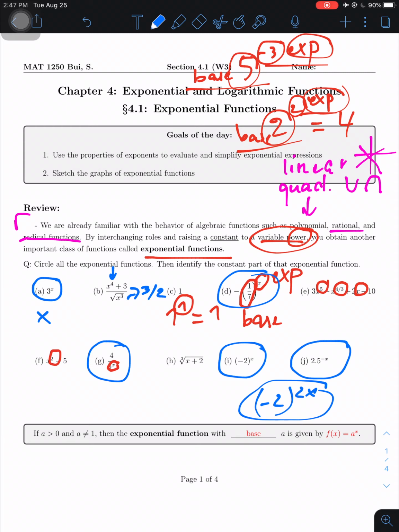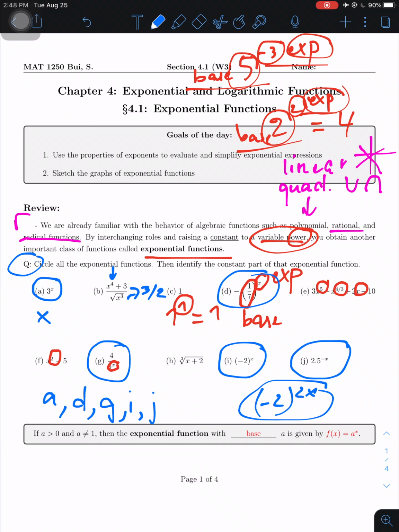If you have 2x, if you have 3x, if you have -x, anything in front of x in smaller font in the position of the exponent is also a good example of an exponential function, okay? So just to recap this question, we have A, D, G, I, and J as the correct answers, okay?